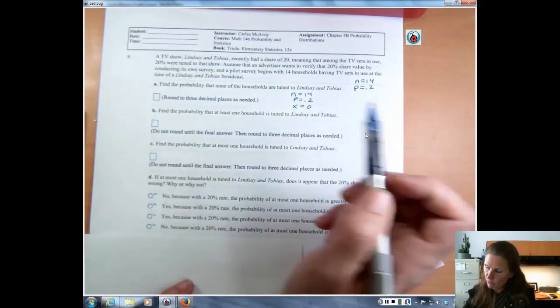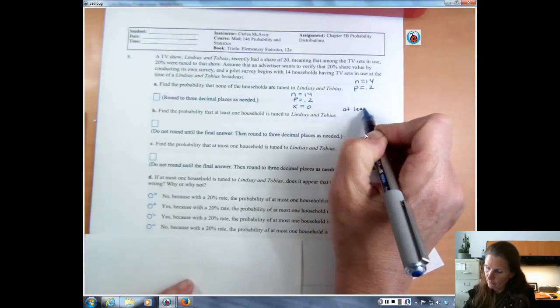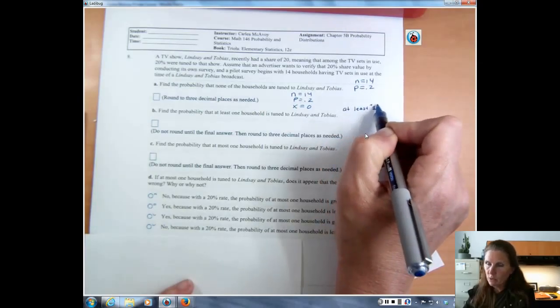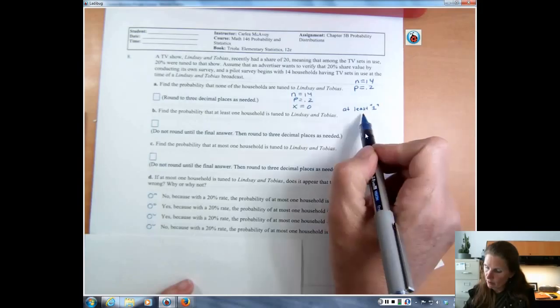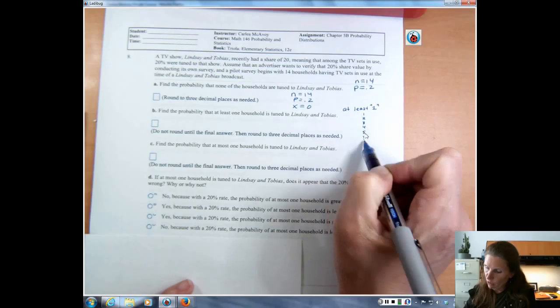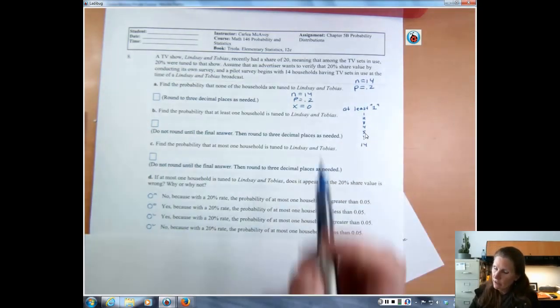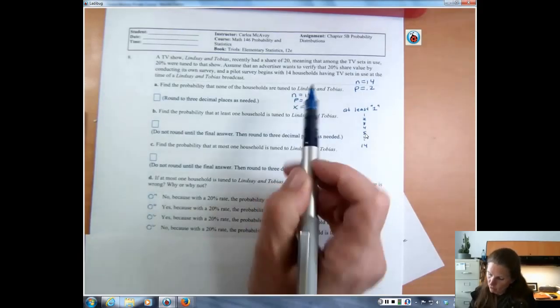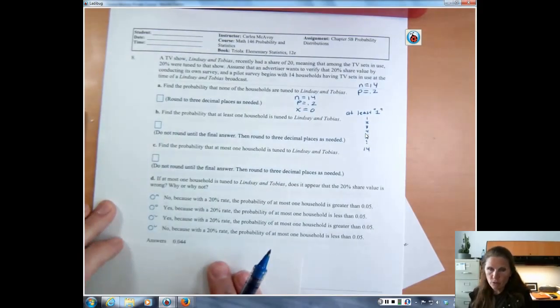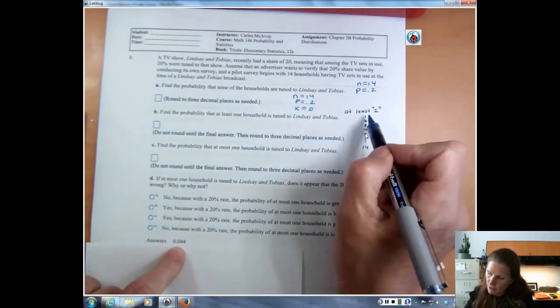Find the probability that at least one household is tuned. Now, what does at least one mean? At least one means you could have 1, 2, 3, 4, 5, and so on, all the way up to 14. At least one means one or more. We just found out what the probability of 0 was. It was 0.044. That's the probability that 0 houses were watching.